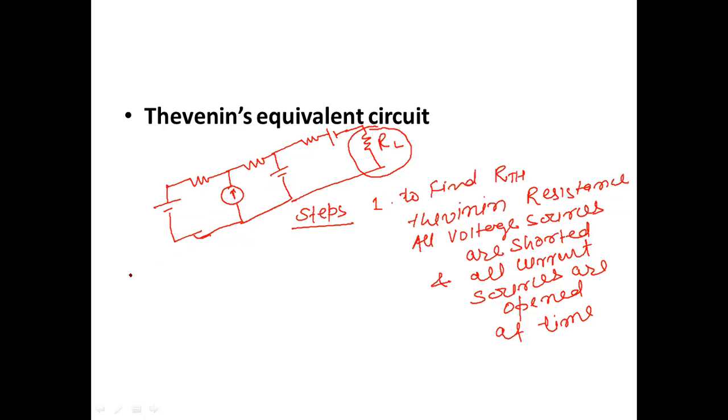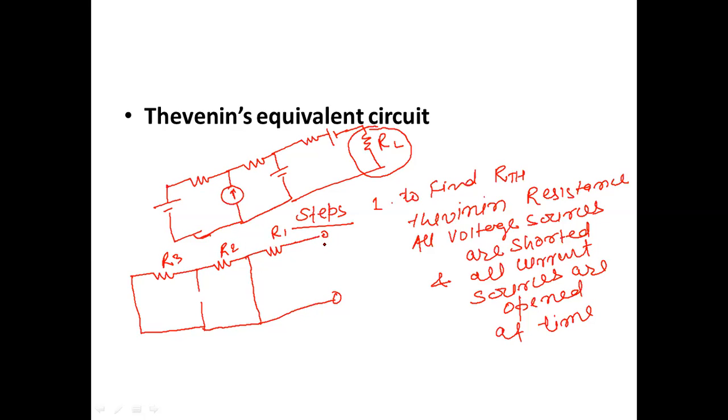So in this case, what do we have to do? This current source is open, this voltage source is shorted, and this voltage source is shorted. This is the resistance, and this voltage source again is shorted, and this portion is our open terminal, where RL is removed. Suppose the values are R1, R2 and R3.